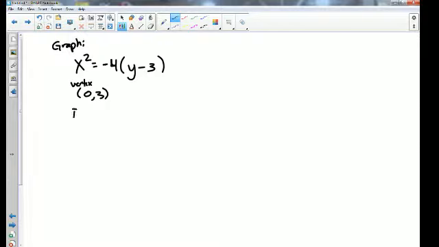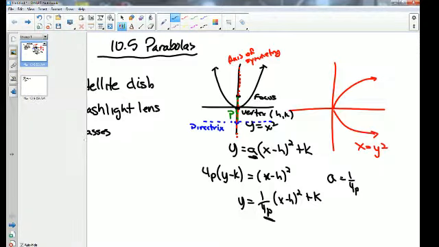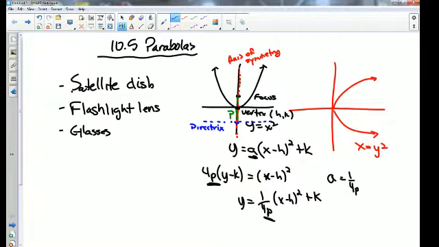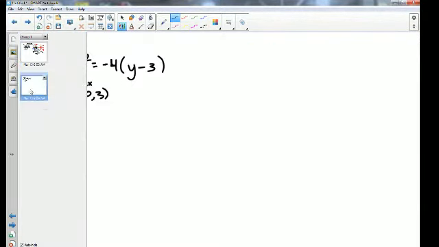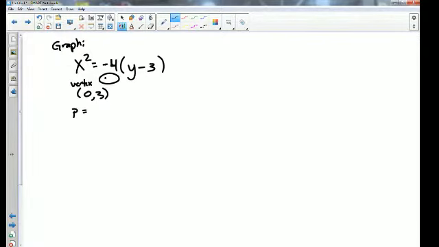What is our value of p? Negative 4 equals 1 over 4. Right? So this right here in our formula is 4p. So what does p have to equal?